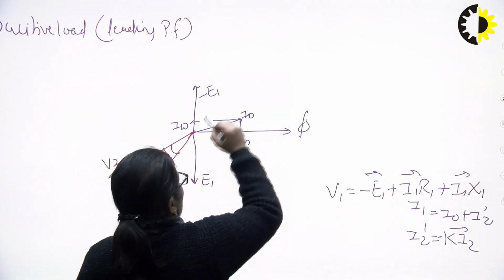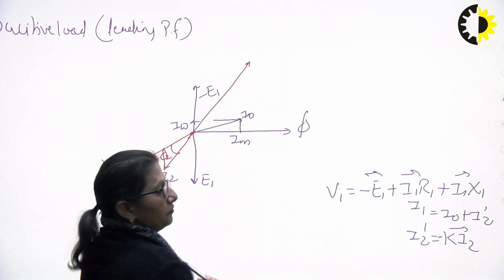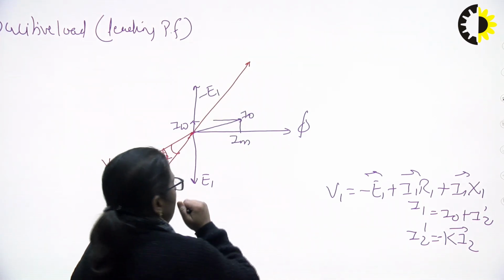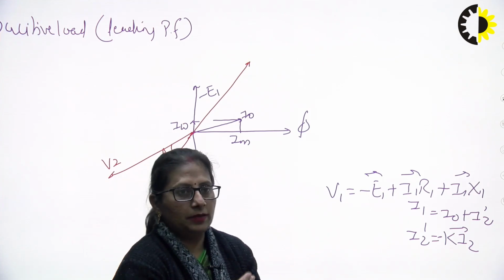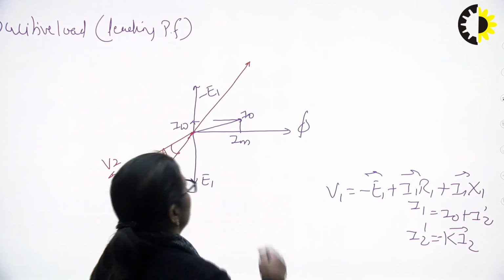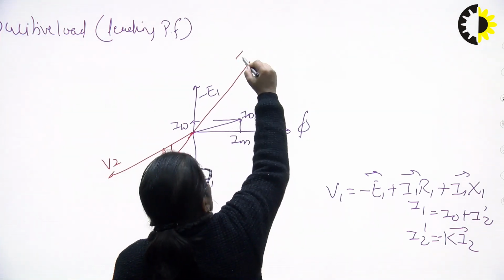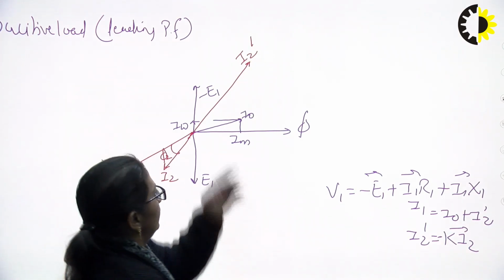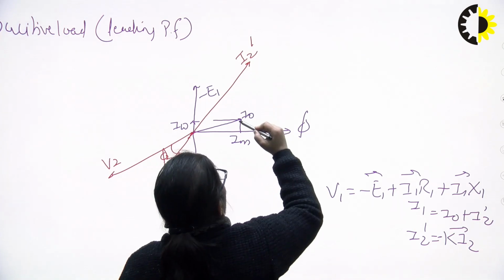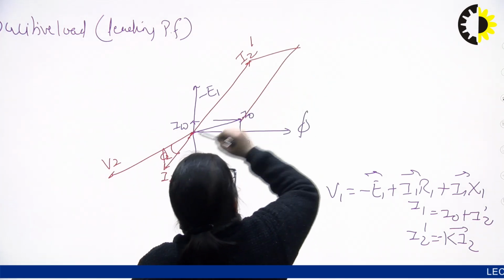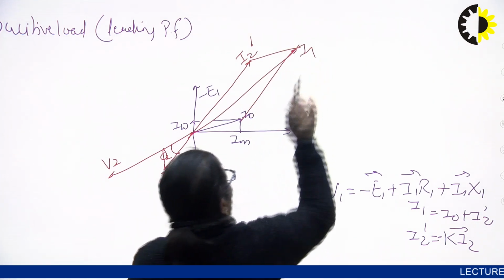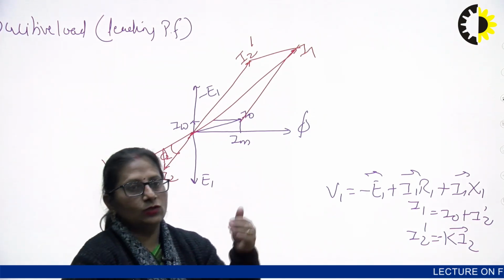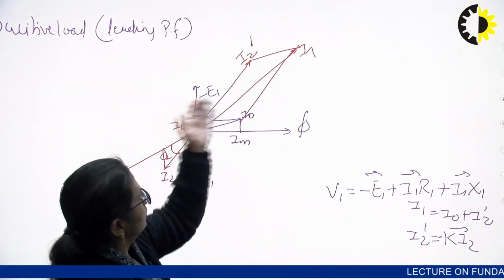It is a step down transformer, the voltage would be stepped up, the current would be stepped down. So, I will be having I2 dash somewhere here. Now, the phasor addition of I0 and I2 dash will once again give me I1. Now, once I got the phase of I1, I can be plotting further, right?